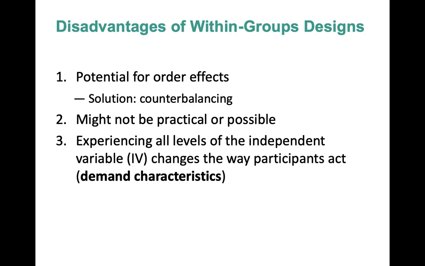I wonder if this is what they're getting at. So that could lead to demand characteristics in which people try to guess what the hypothesis is and potentially act in ways that would be in accordance with the experimental hypothesis. And so that's more common in within groups designs because participants see all of the levels of the independent variable.